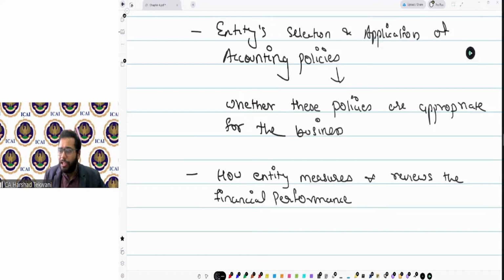Like how the entity measures and reviews financial performance. How do you think it can be different?